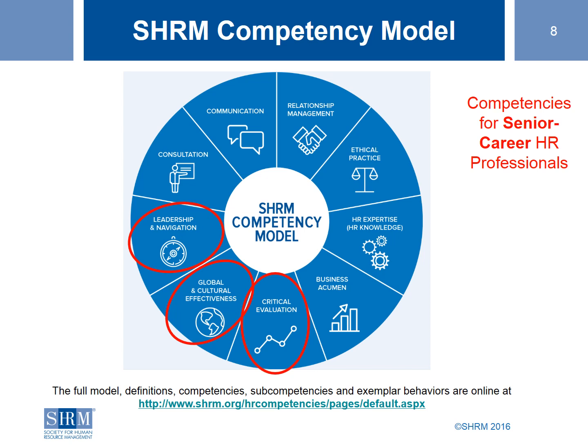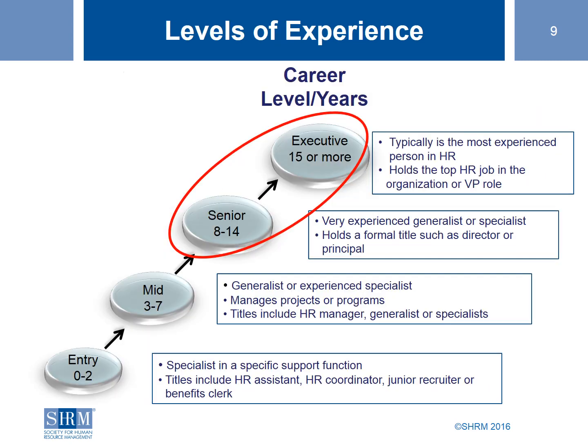So remember, our expertise, our knowledge, is of course the functional duties of HR: compensation, benefits, talent management, performance review, training and development. And the competency model focuses on how we do that. So we need leadership and navigation in all of those functional areas.